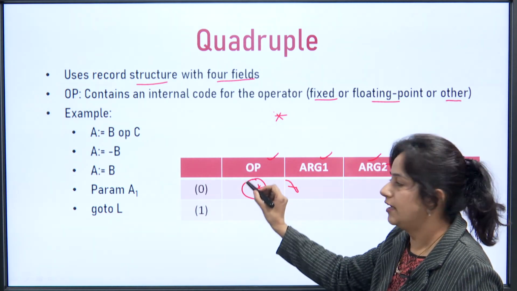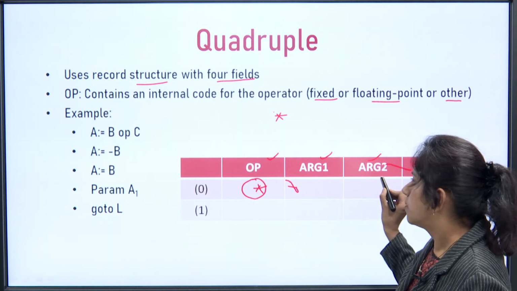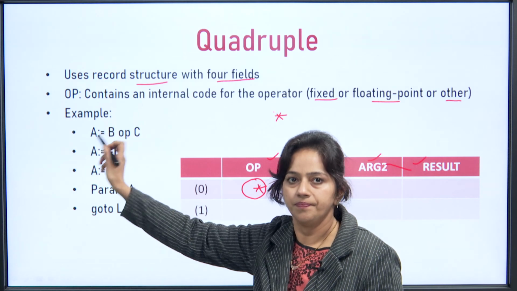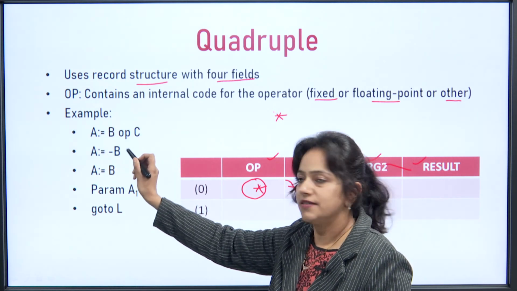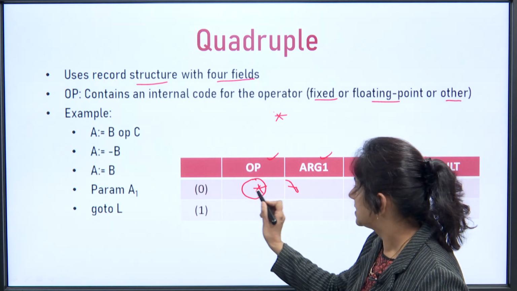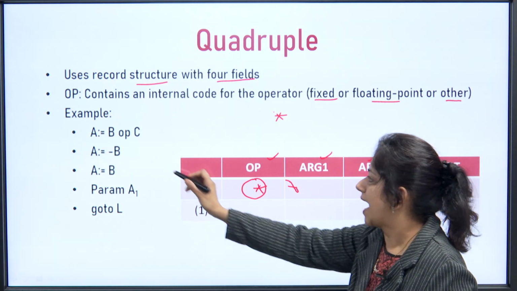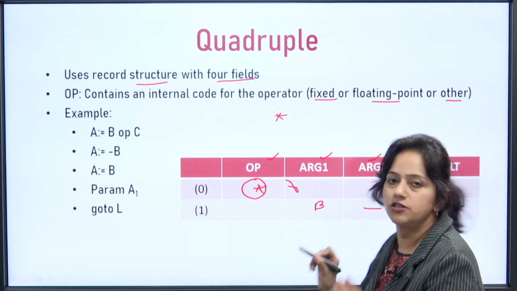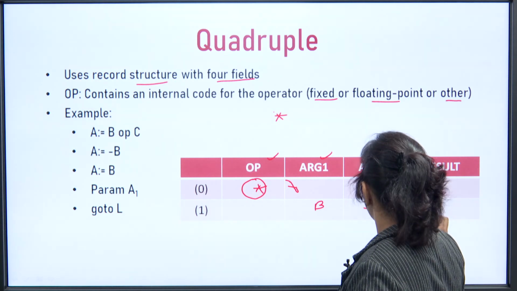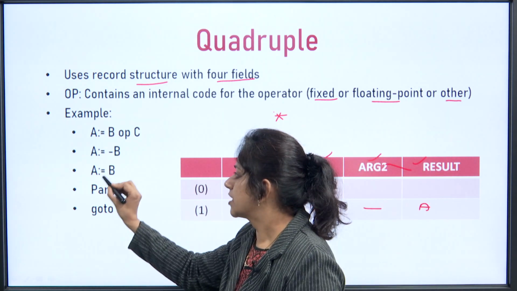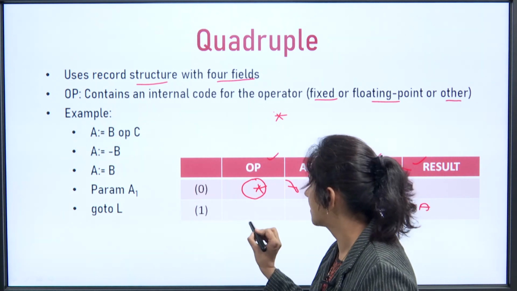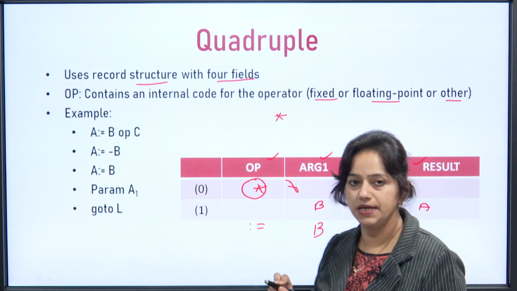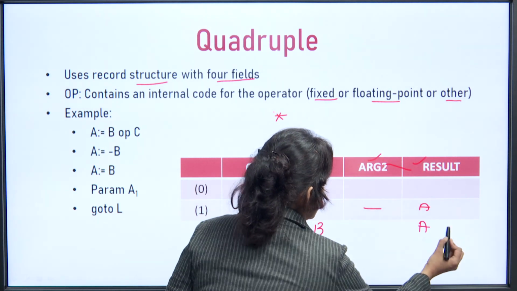In operator we write the operator, in argument 1 and argument 2 we write B and C, and in the result column we write A. Next is A = minus B. In this case, in operator we write unary minus, in argument 1 we write B, there is no argument 2, and in result we write A. Next is A = B. Here we write the operator, the first argument is B, and the result is A.